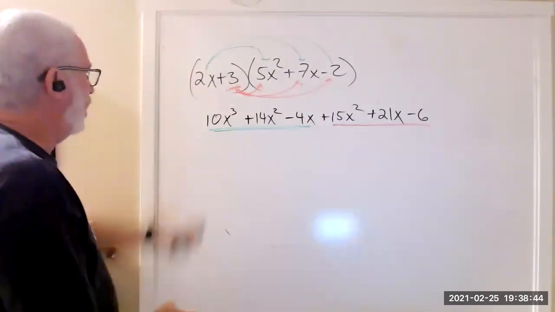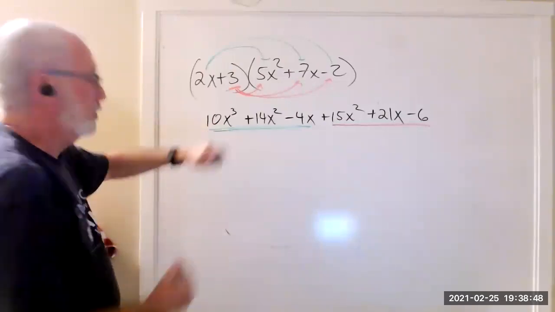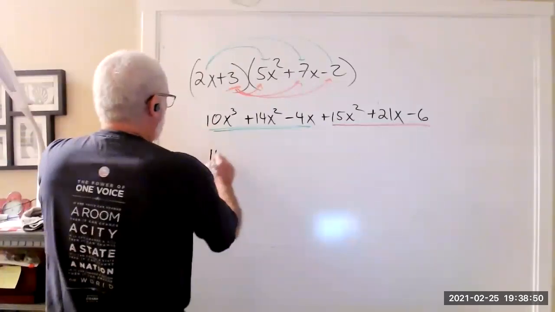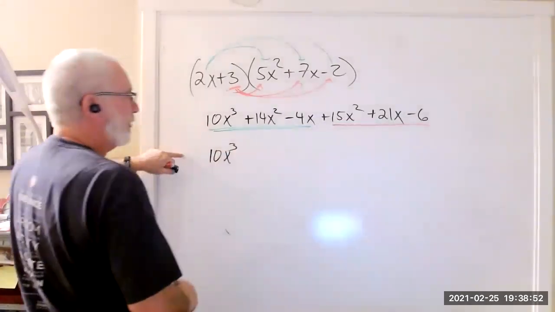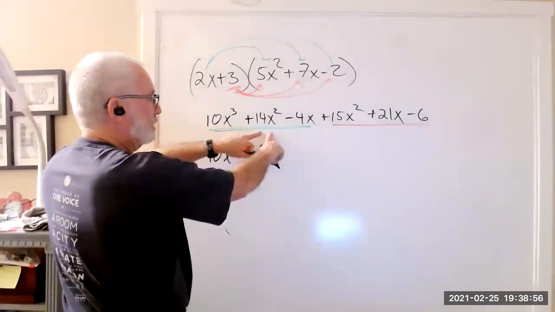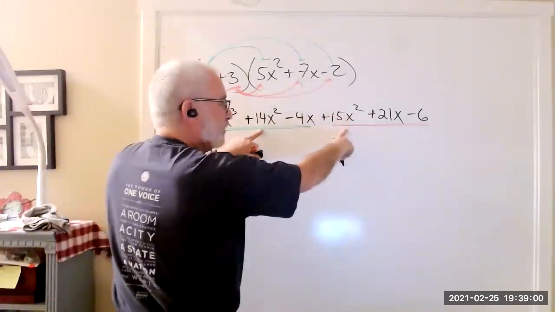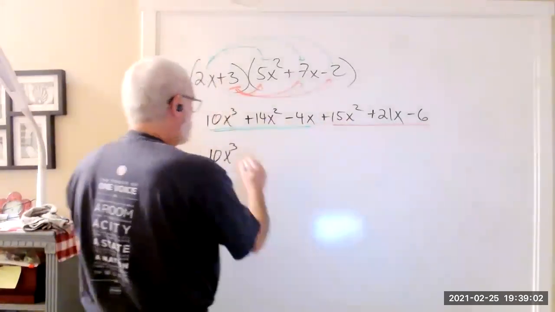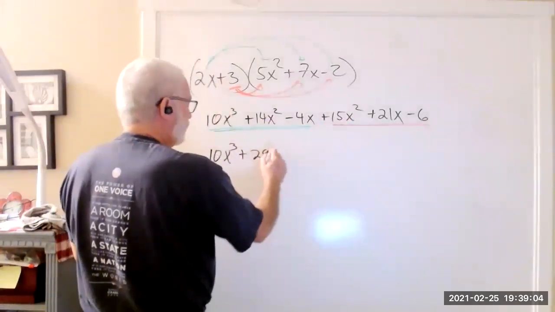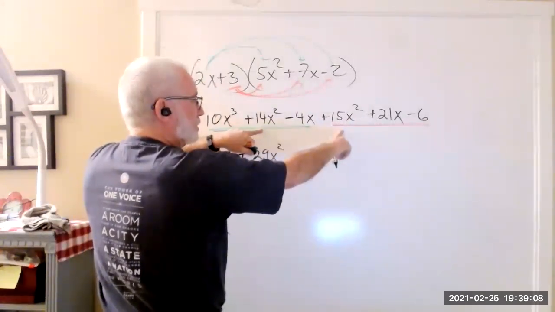Are there any x cubes anywhere? No. So I just bring down the 10x cubed. Are there any x squareds anywhere? Yep, there's 14 of them here and 15 of them here. So there's 29 of the x squareds.